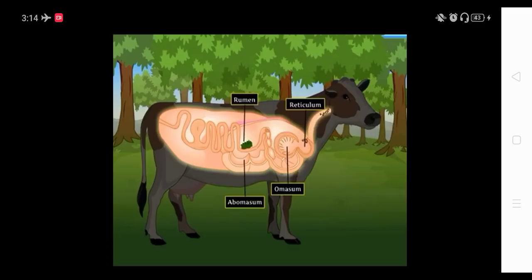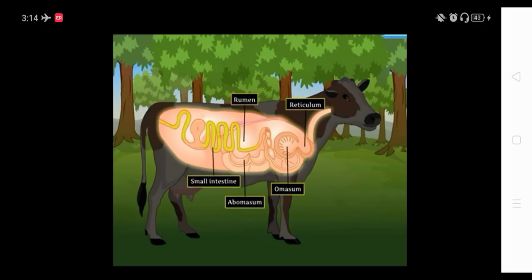In the mouth, the animal chews the food properly, mixes it with the help of saliva, and then the food comes to the stomach part, omasum. In the omasum, it is further broken down into smaller pieces, and then from there it goes to the next part of the stomach, that is abomasum.